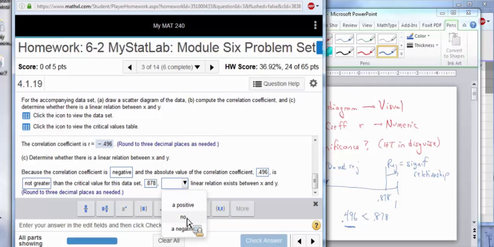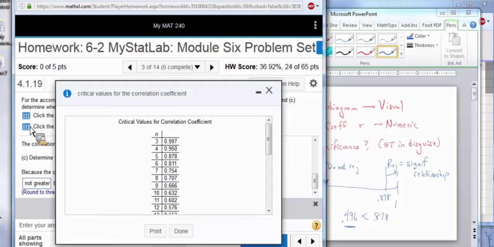So no linear relation exists because it's a do not reject. Where do we find the 0.878? If you click the critical values table, 5 points, 0.878. Okay, so this is a two-tailed test.